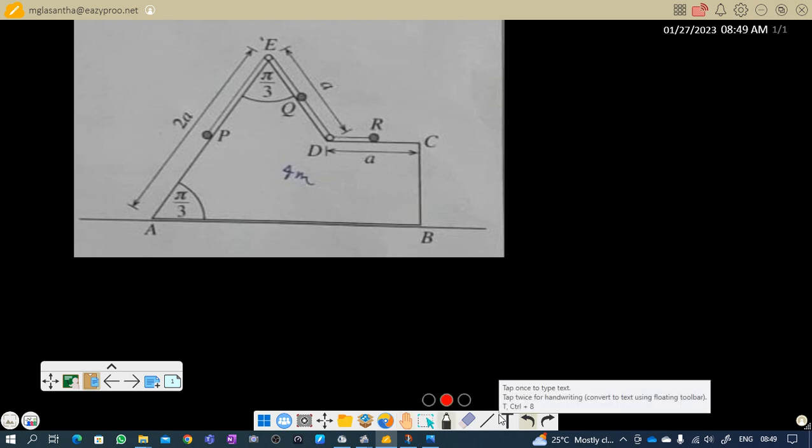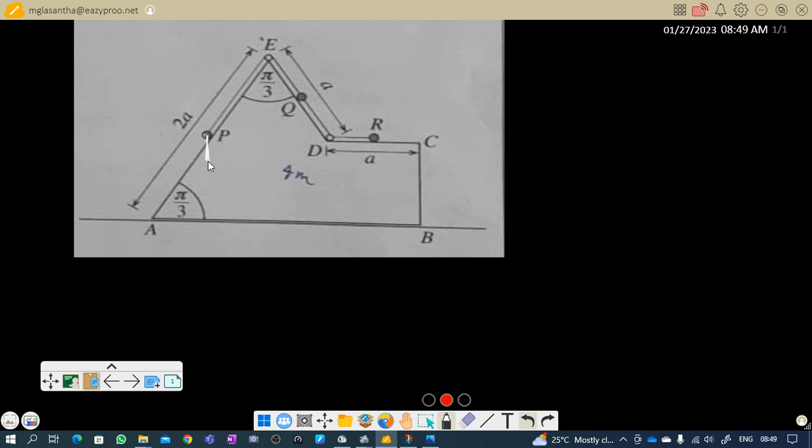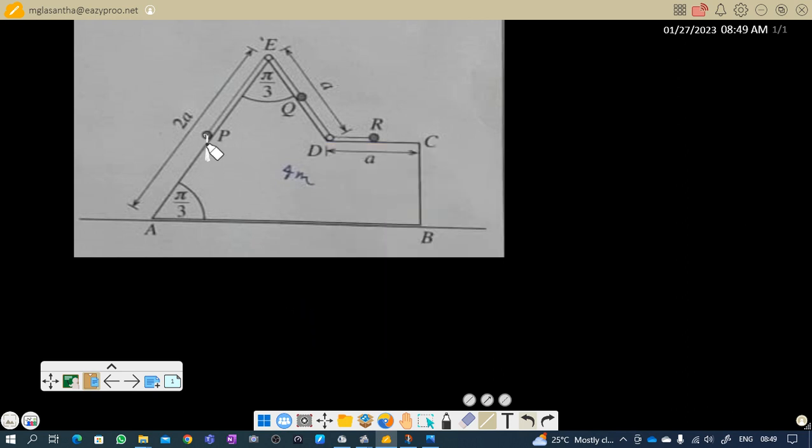So you can mark these weights. The weight of P is 3mg. The weight of Q is 2mg. The weight of R is mg.